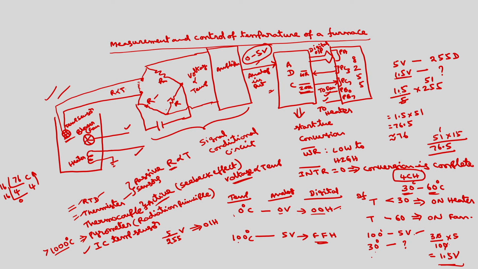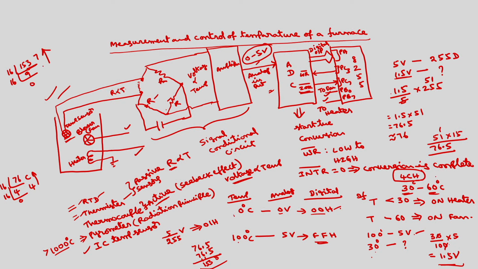So 3 volts means twice that of 76.5, so 76.5 plus 76.5, which is 153. The hexadecimal equivalent of 153: 16 9s are 144, the remainder is 9, and 16 zeros are 0, so 97H.